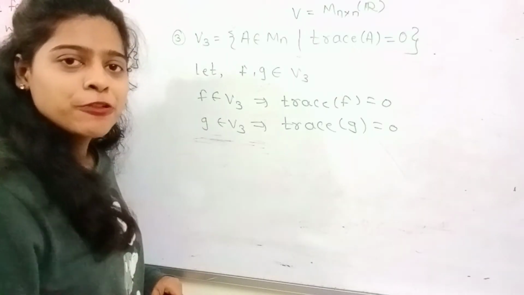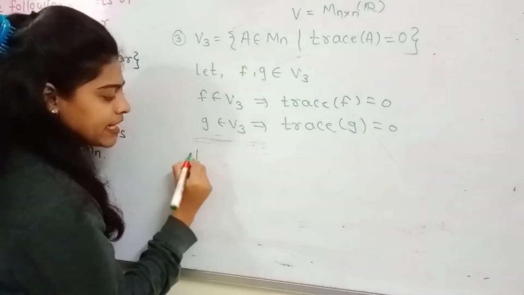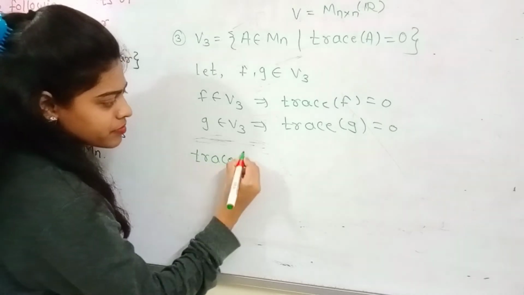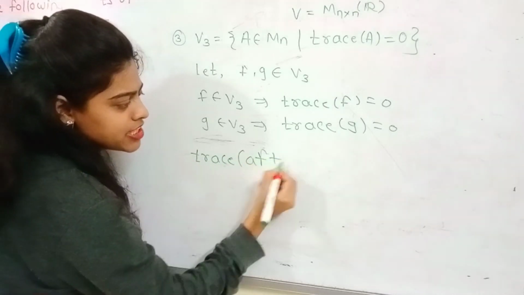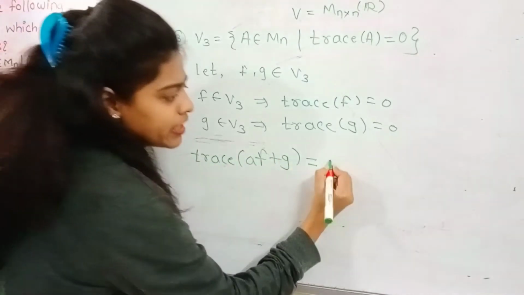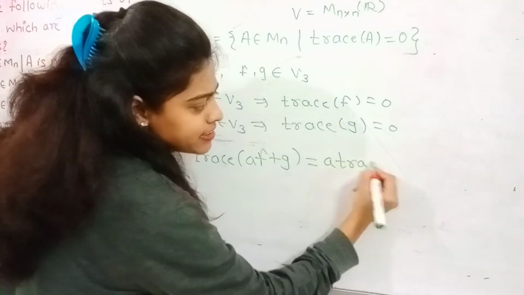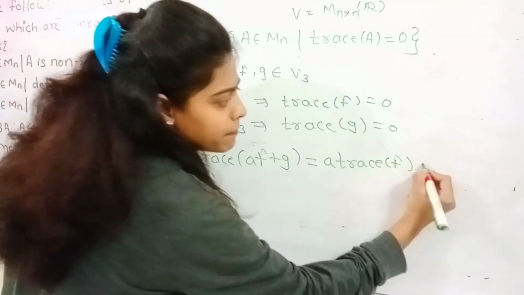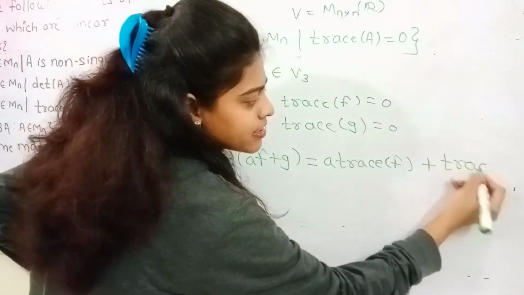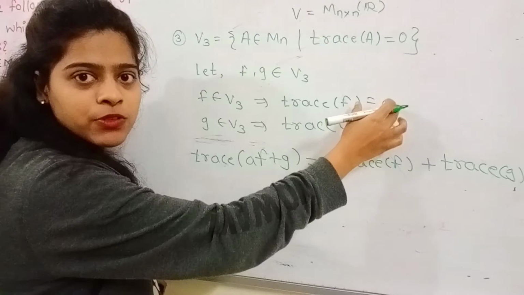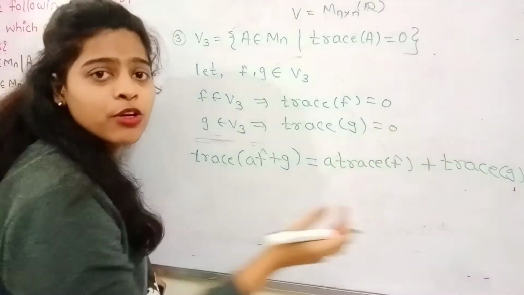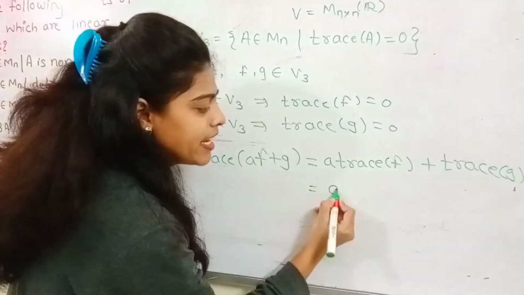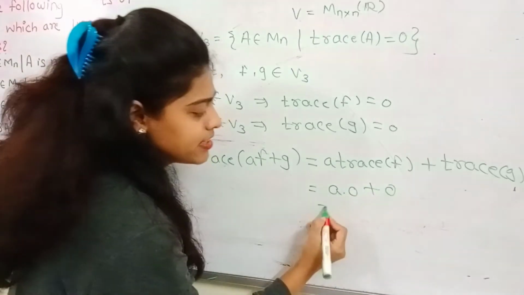Now we use the above property: trace of af plus g is equal to a into trace f plus trace g. We know that trace f is equal to 0 and trace g is equal to 0. Putting these values, a into 0 plus 0 is equal to 0.